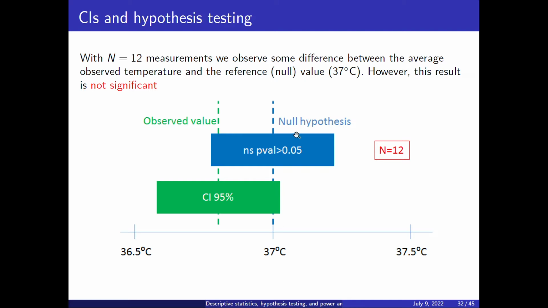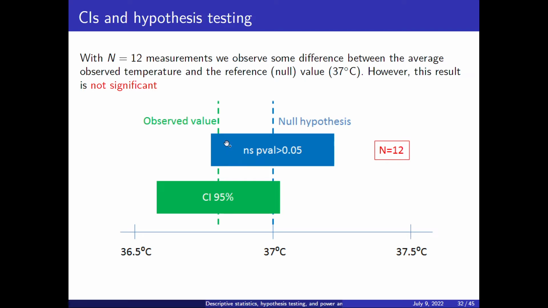Or put differently, if we compute the probability of observing this 36.8 if the null hypothesis is true, our p-value would be larger than 0.05. So this limit here is related to the critical value that we had for Z, for the mean, for the p-value in the previous session.